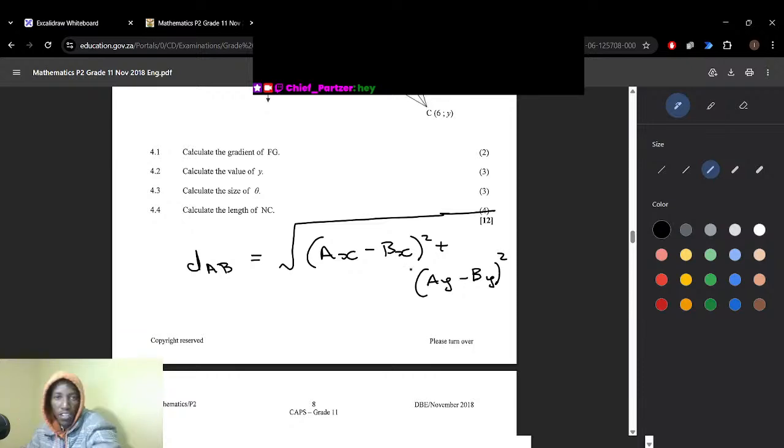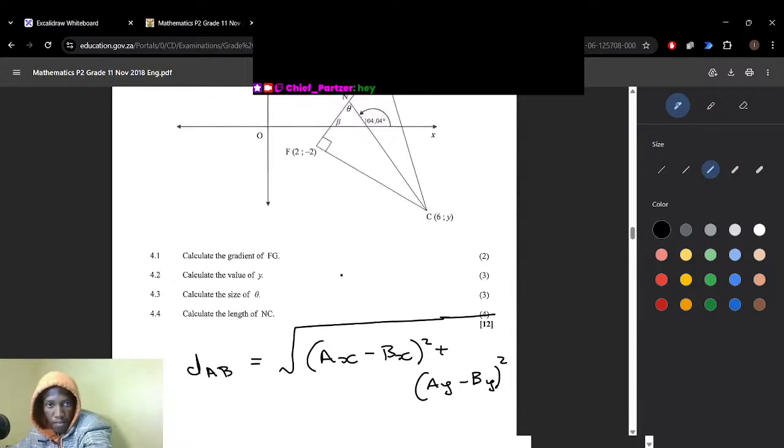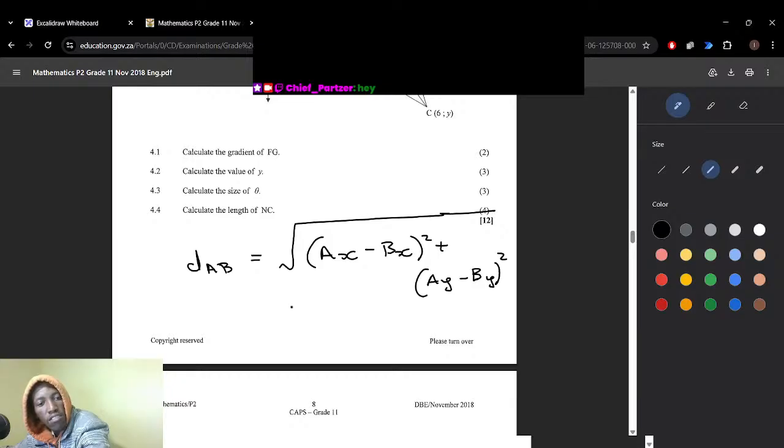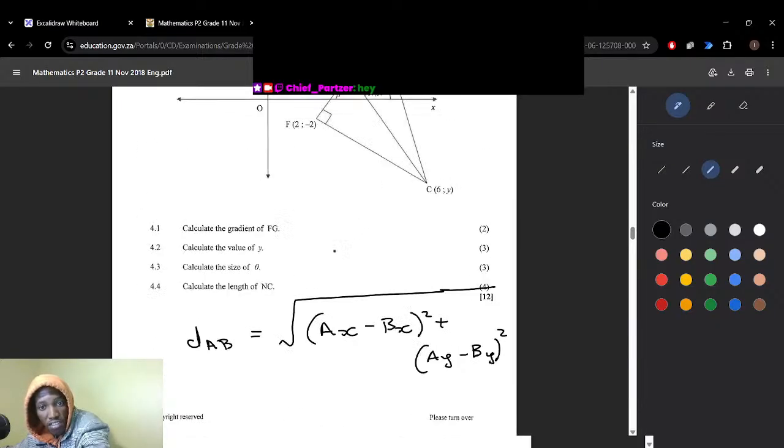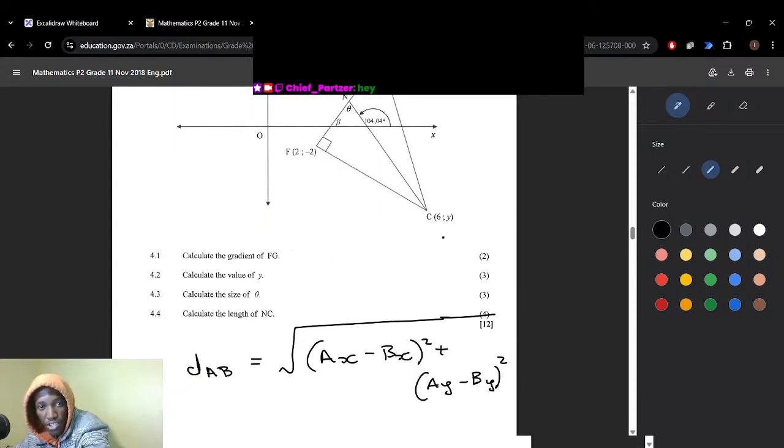Right, so you would then go on and replace the coordinates of N and C. You can say A stands for N and B stands for C. And then you would get the answer for the length. So that would be how to actually answer this entire question 4, which is worth about 12 marks.